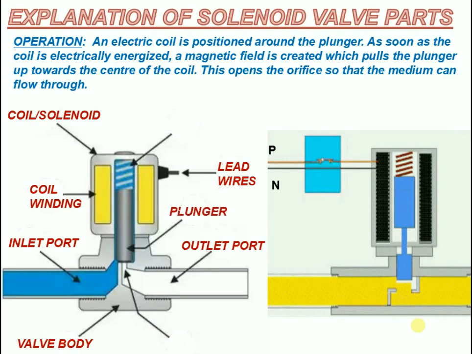Plunger or piston. This is the solid round metallic part, cylindrical in shape and placed in the hollow portion of the solenoid valve. When the electrical current is passed through the solenoid valve, the magnetic field is generated inside the hollow space.